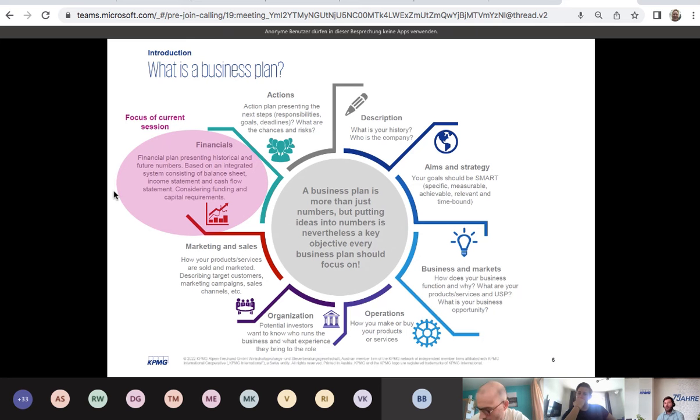And for valuation purposes and for this session, we will focus on the financial business plan. But you can see here basically that a business plan is more than just the financial numbers. It's more like putting really the ideas into numbers.